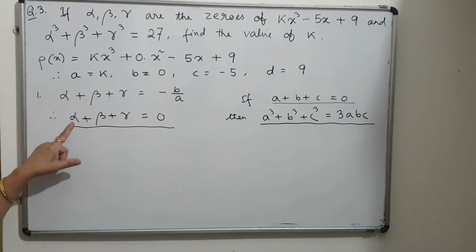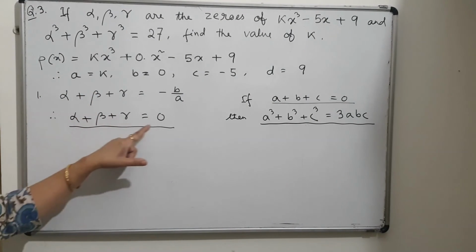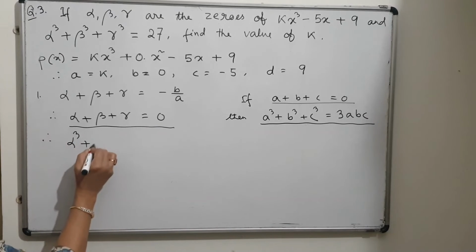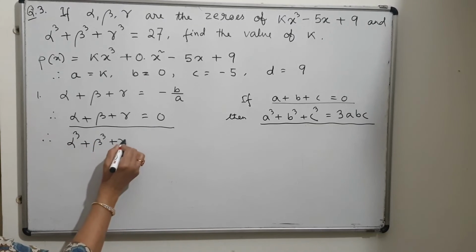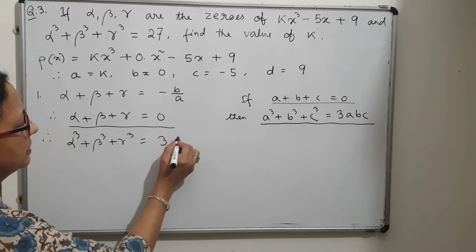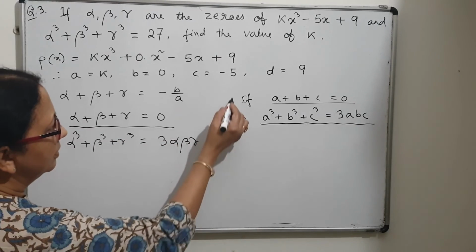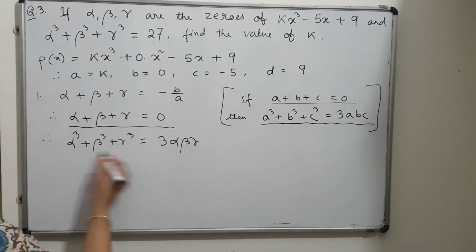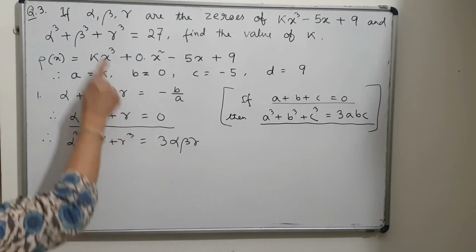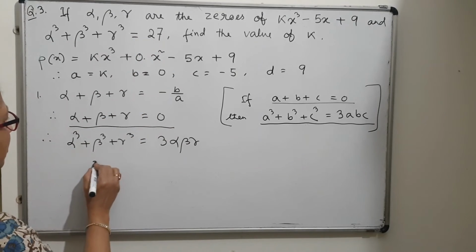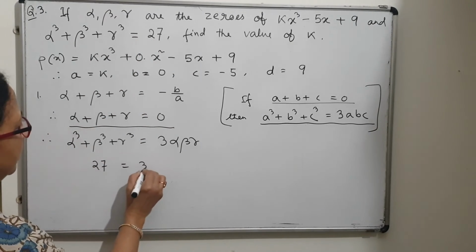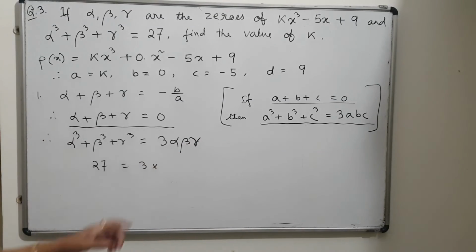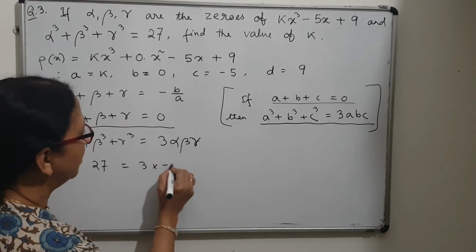Since the sum of these 3 is 0, the sum of their cubes will be equal to 3 times their product because of this identity. Now this value is given as 27, so I can write 27 equals 3 times, and you know the relationship that the product of the zeros is minus d upon a.